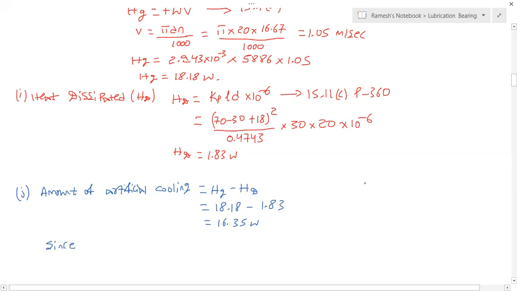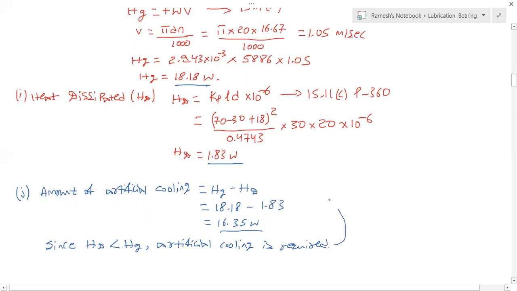If you compare these values, the heat dissipated is 1.83, whereas the heat generated is more. Dissipation is less, whereas heat generated is more. That's why I have calculated this amount of artificial cooling which is required. Since heat dissipated is less than heat generated, artificial cooling is required.